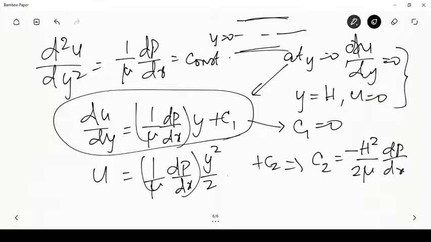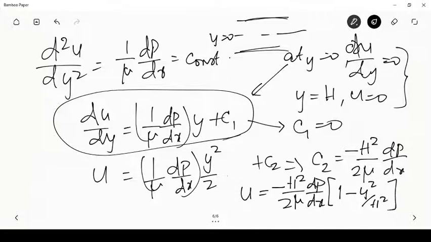If I take h squared out, u will be equal to minus h squared by 2 mu into dp by dx, multiplied by 1 minus y squared by h squared. Is it correct? Because this is y squared by 2 here and this is h squared by 2 here, so it's the same.